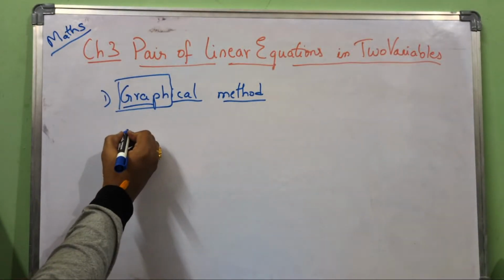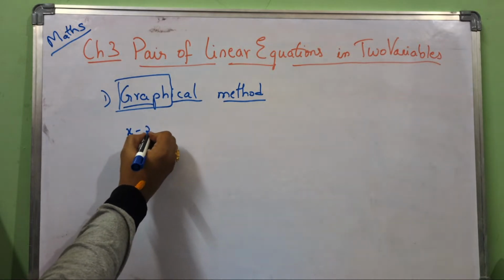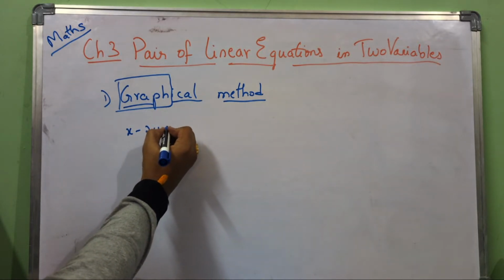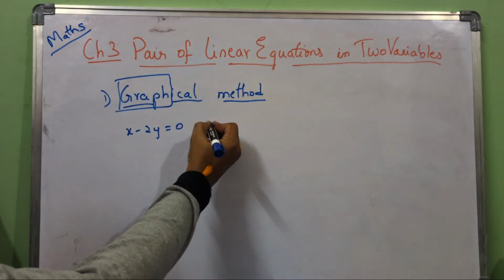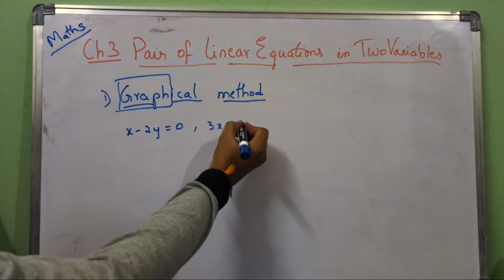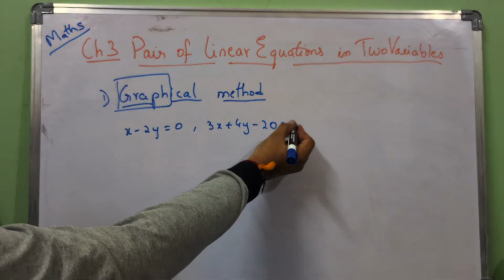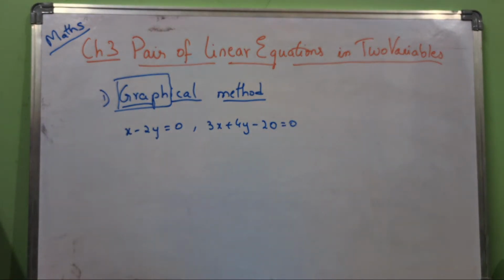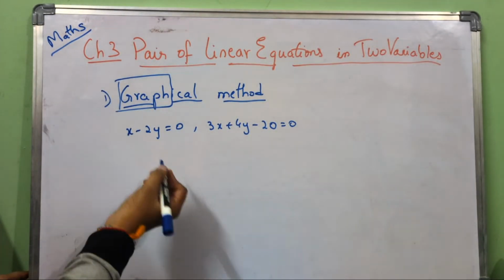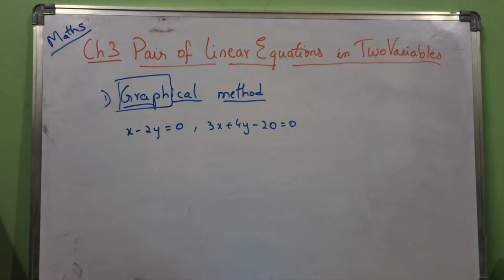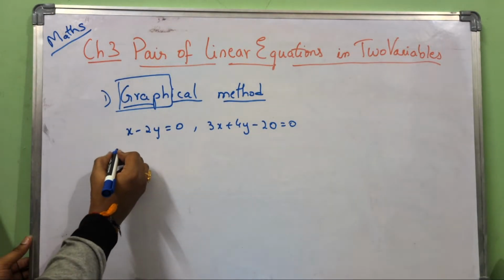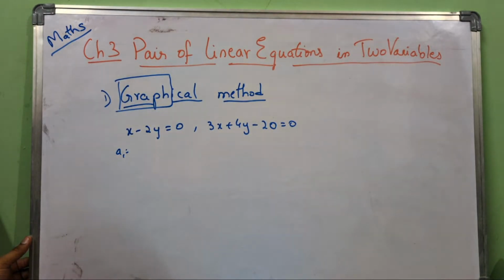For example, if I have the first equation as x minus 2y equal to 0 and 3x plus 4y minus 20 equal to 0. If I have these 2 equations, we will solve using graphical method. First we will see which condition it belongs to, intersecting, parallel or constant. So what is the a1 value here?